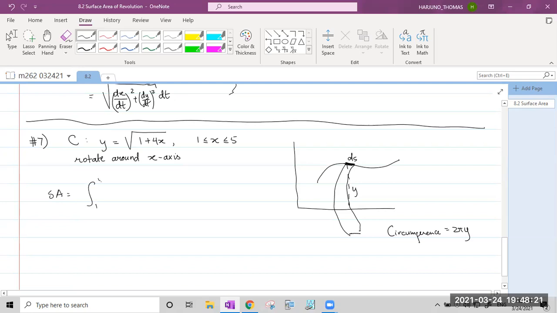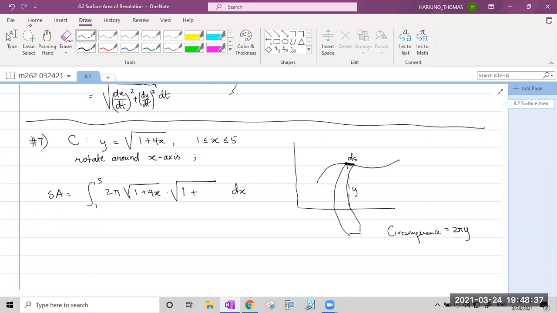So the surface area will be the integral from 1 to 5 of 2 pi y times the square root of 1 plus the derivative of that squared, dx, right? So let's find the derivative of that y first.